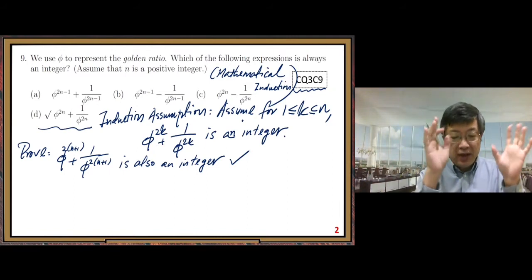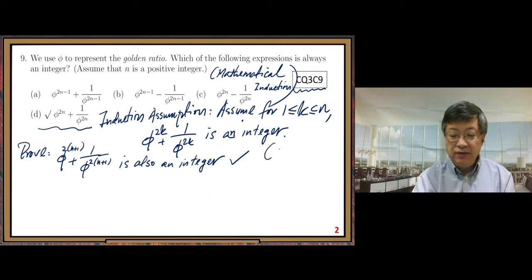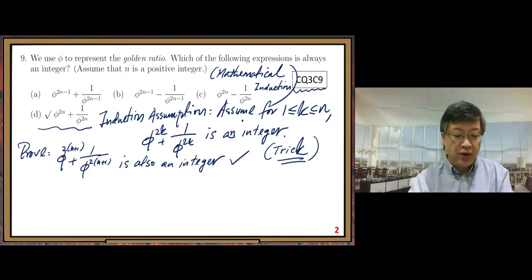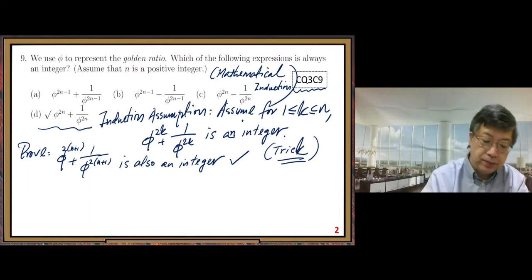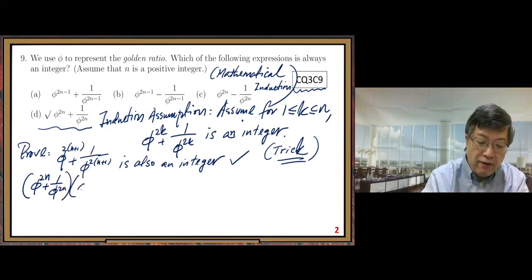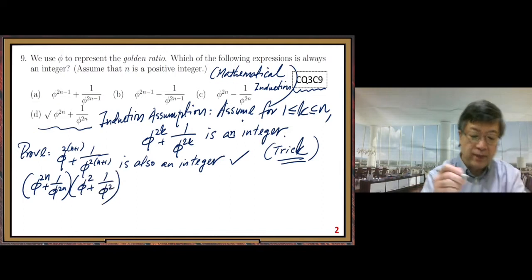So here, there is a very smart trick. Here, let me give you that trick. We calculate this expression, phi to the 2n plus 1 over phi to the 2n, then multiply phi squared plus 1 over phi squared.